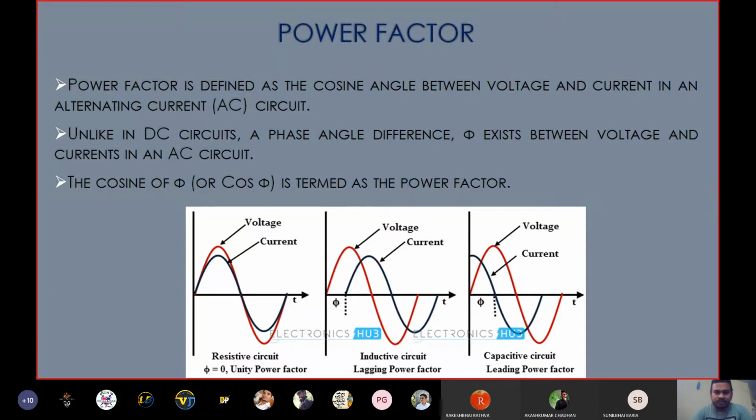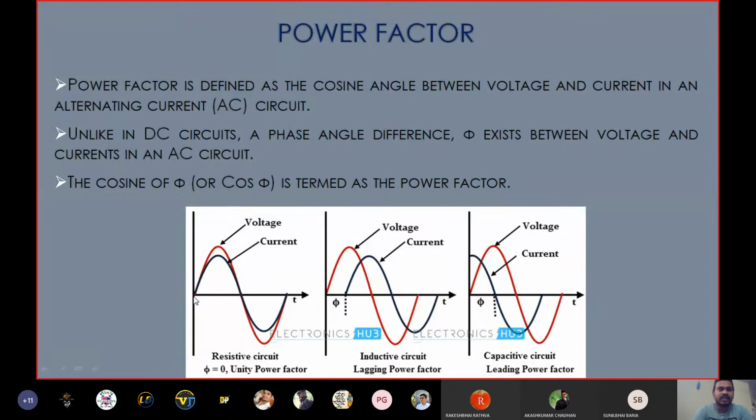In the AC circuit, we assume different types of circuit: a resistive circuit, an inductive circuit, and a capacitive circuit. Looking at this waveform for the resistive circuit, we have a voltage waveform and current waveform.